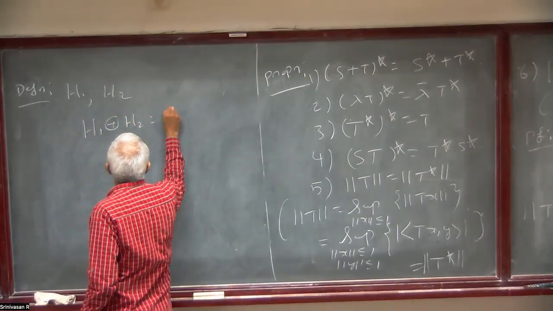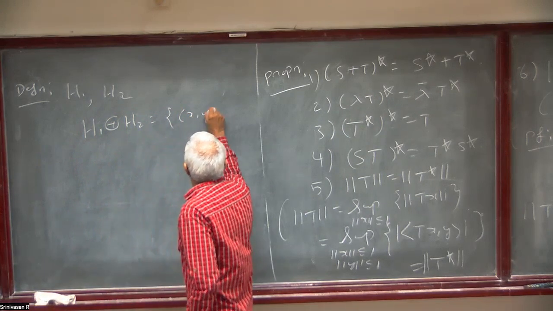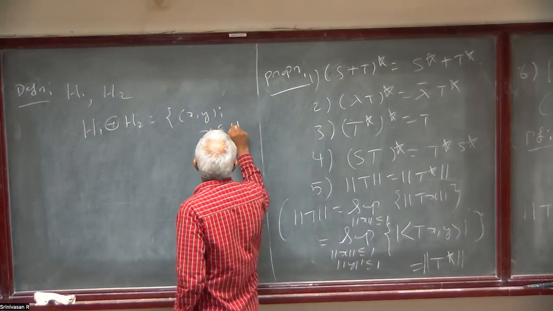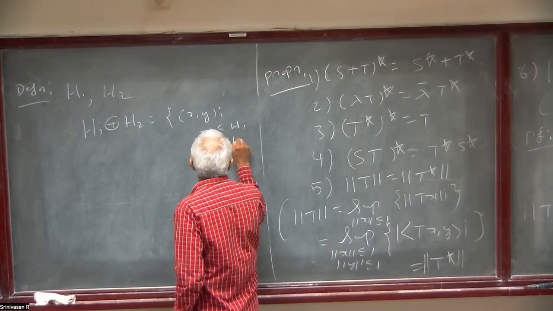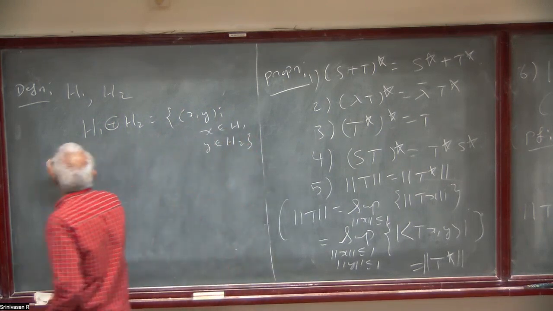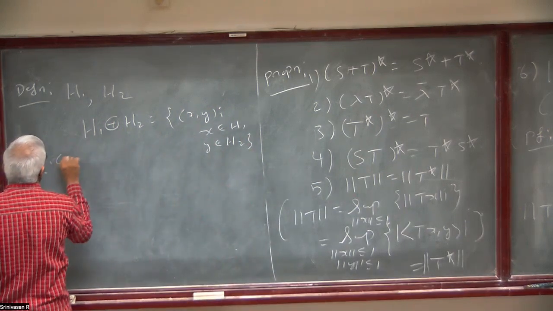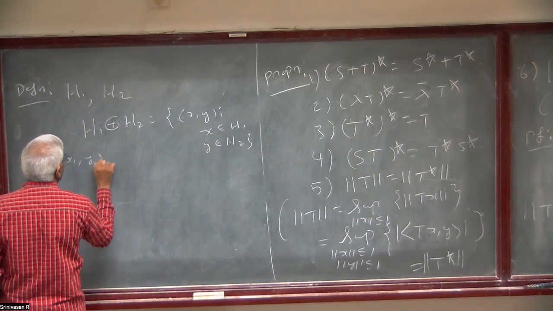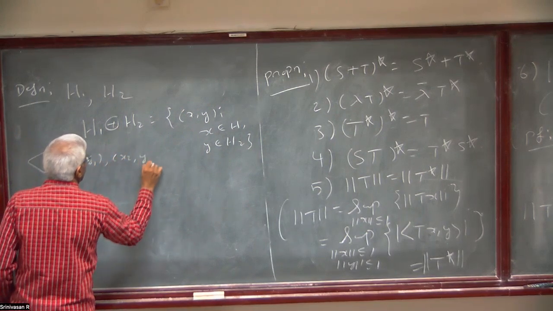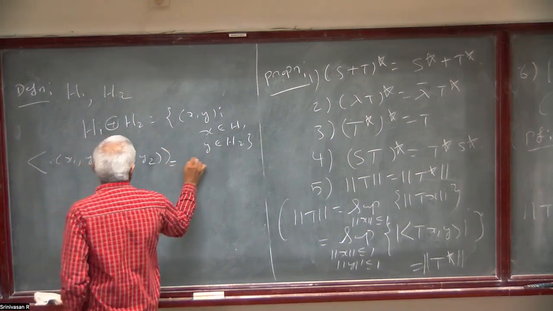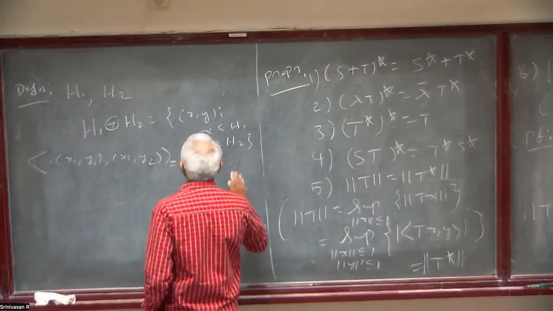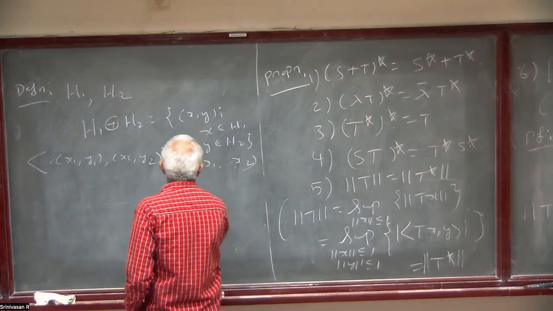You take pairs (x1, x2) and (y1, y2), and you can define the inner product as the sum of x1 y1 and x2 y2.